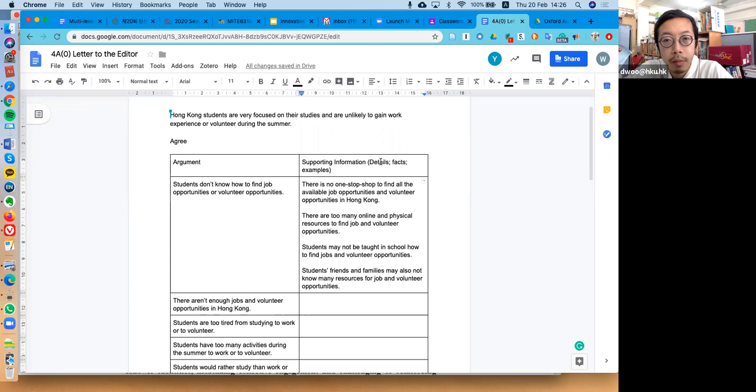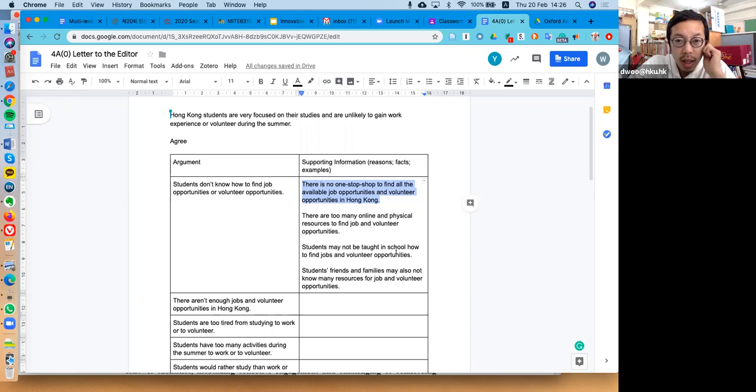I have some reasons here. So there's no one-stop shop to find all the available job opportunities and volunteer opportunities in Hong Kong. There may actually be too many online and physical resources to find job and volunteer opportunities.